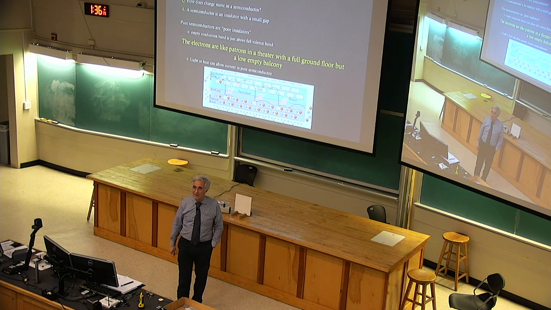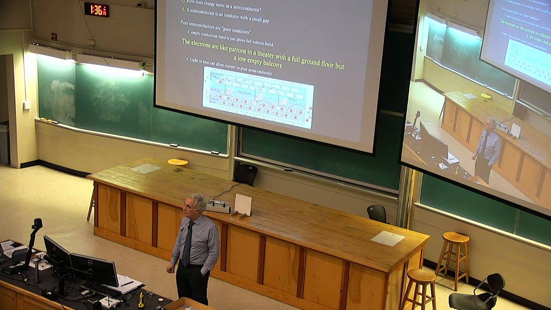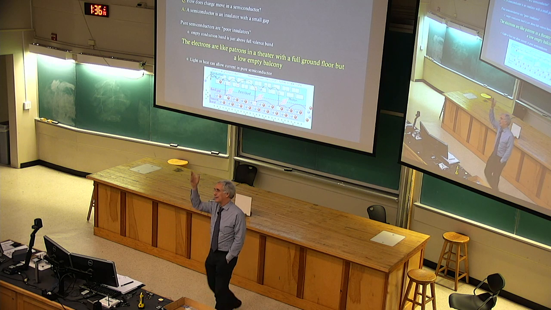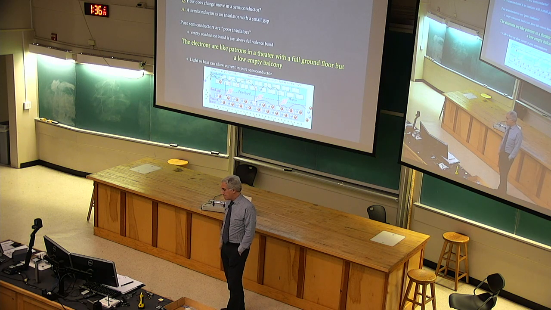I don't know how hot is hot, you put it in the oven. There's enough energy around thermally to toss electrons up into the conduction levels. That's not what this drawing is showing you, but that's an important effect, and that is one of the reasons why you don't want your electronics to overheat.